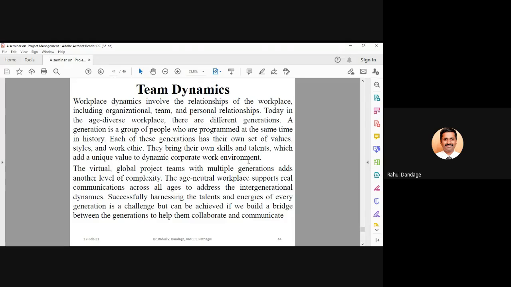Whatever good practices a particular generation carries forward should be clubbed together, and whatever bad practices exist should be removed from each generation, so that a bridge between generations can be built. This will help collaboration and good communication.